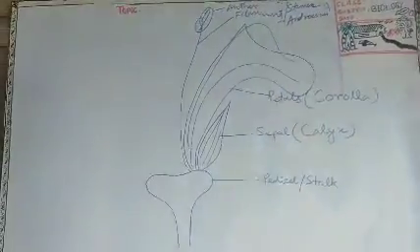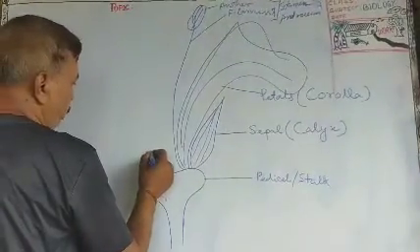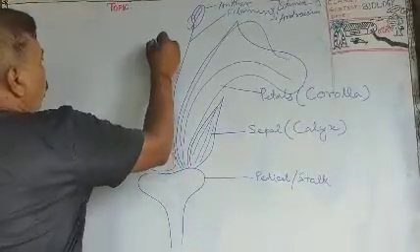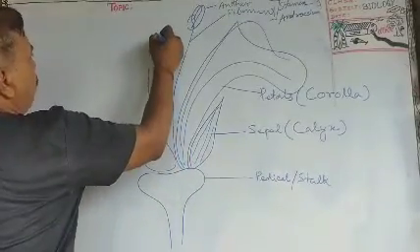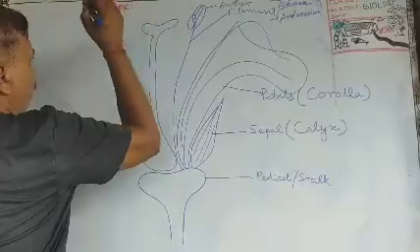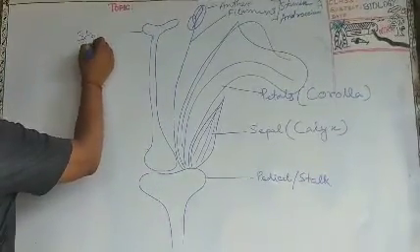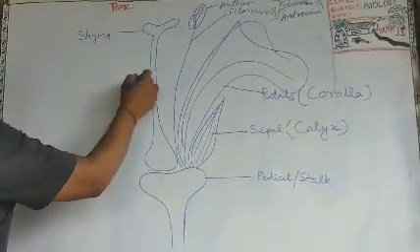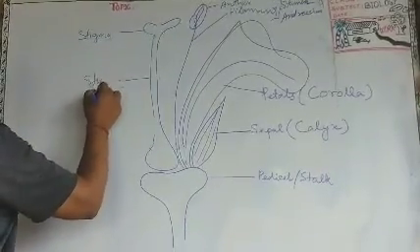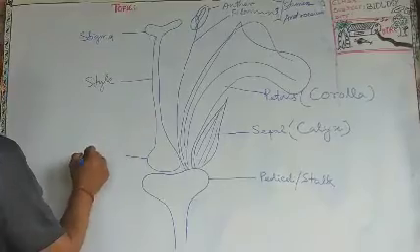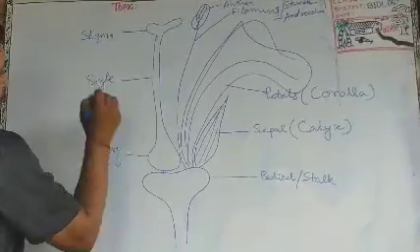Androecium, right? And then comes the innermost whorl, the female part, right? This is made up of stigma, style, and ovary, right?